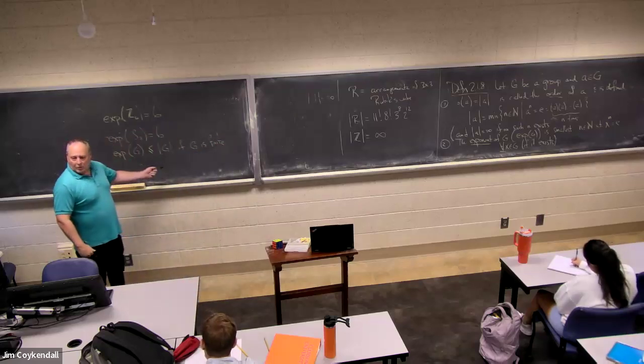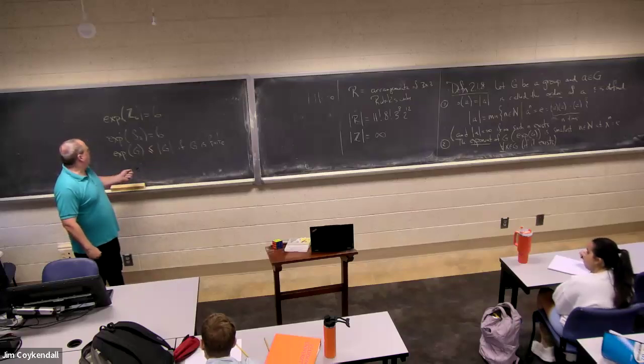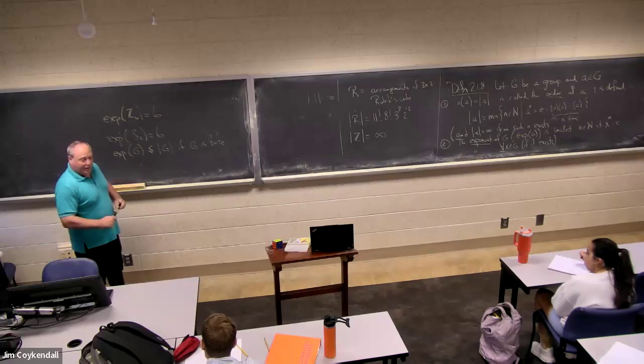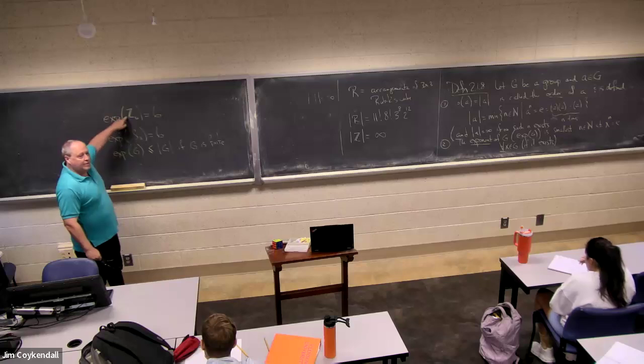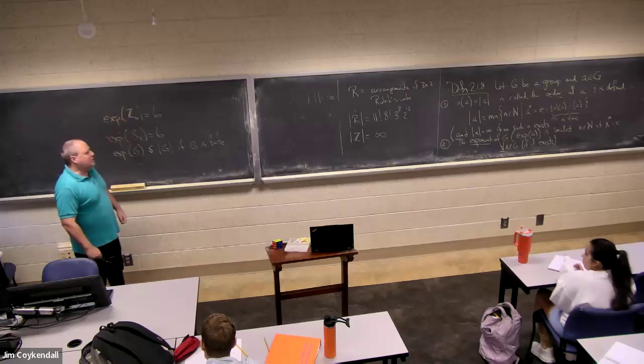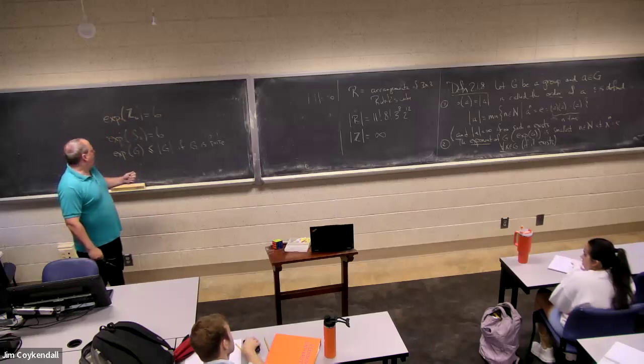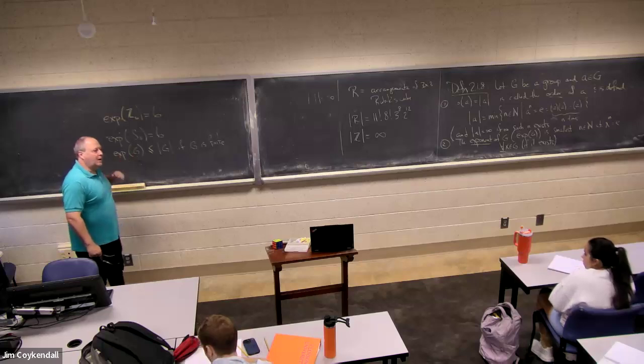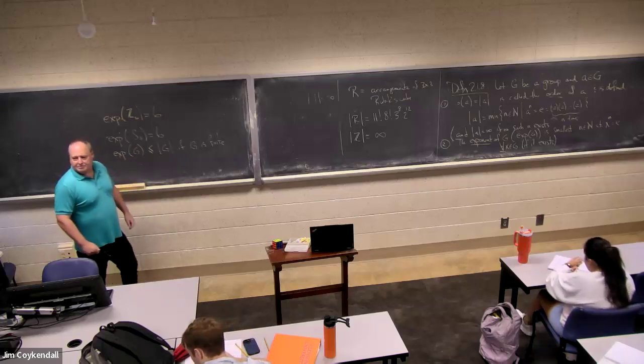This is something that will be a consequence of some things that we'll prove later. It turns out the exponent of G is less than or equal to how many elements are in G. And here I gave you two examples where you've got equality. See if you can build a group where the exponent is actually smaller than the size of it.